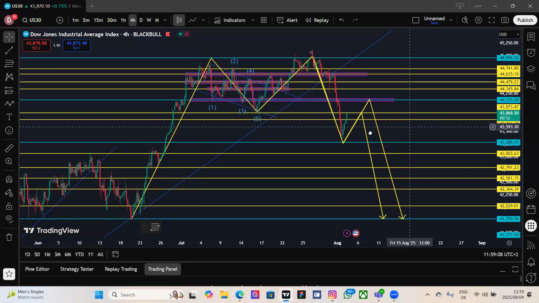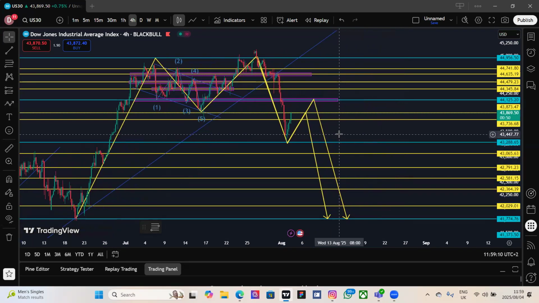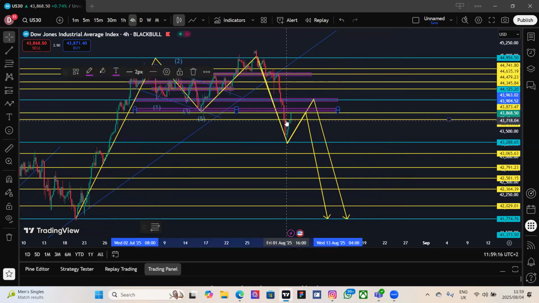So there could be two levels where I'm going to be looking for price to reach. Price is currently moving within that zone, so we'll have to wait and see how things play out.